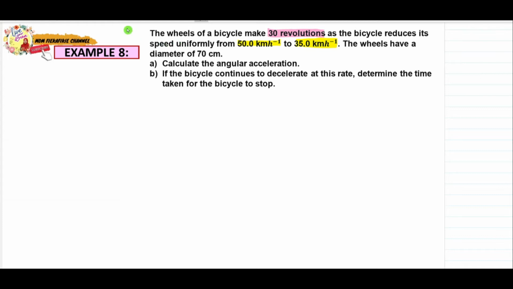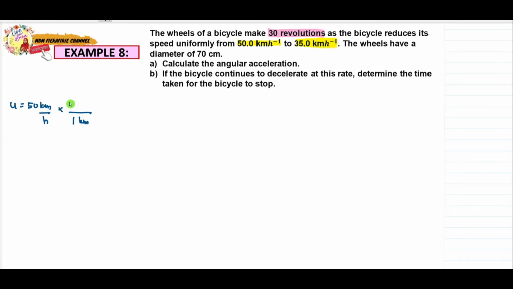radian unit first. So let's look at the speed first. Given that U is equal to 50 kilometer per hour. This is chapter 1, you must know how to convert: kilometer is on top, so its partner sits at the bottom.